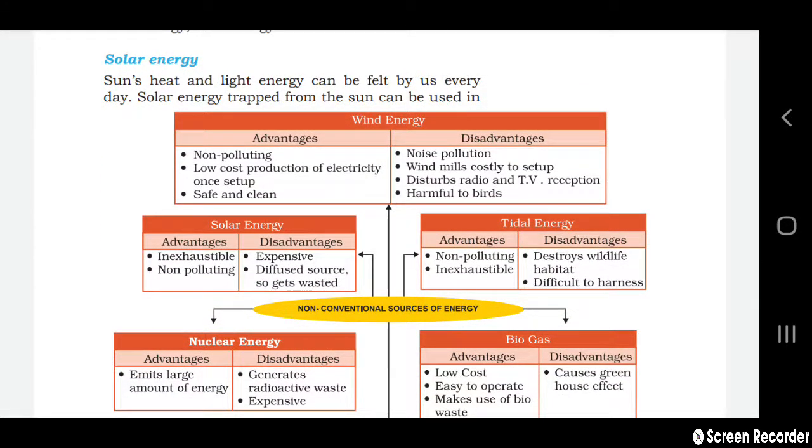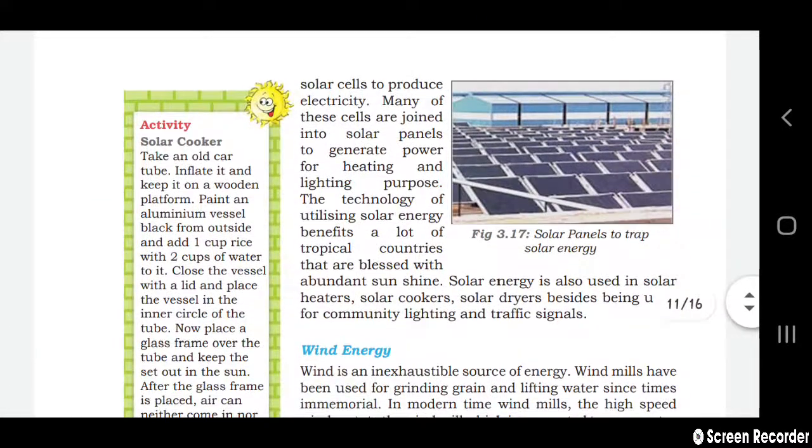First, solar energy. By the sun's heat and light, energy can be felt by us every day. Solar energy tapped from the sun can be used in solar cells to produce electricity. Many of these cells are joined into solar panels so that they can generate power from heat for heating and lighting purposes.